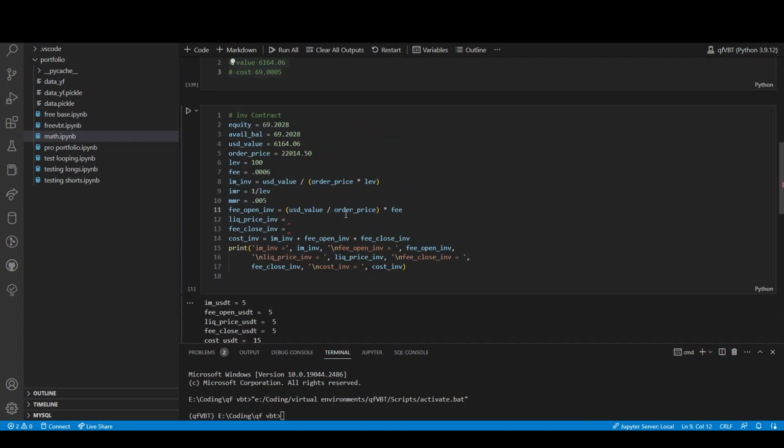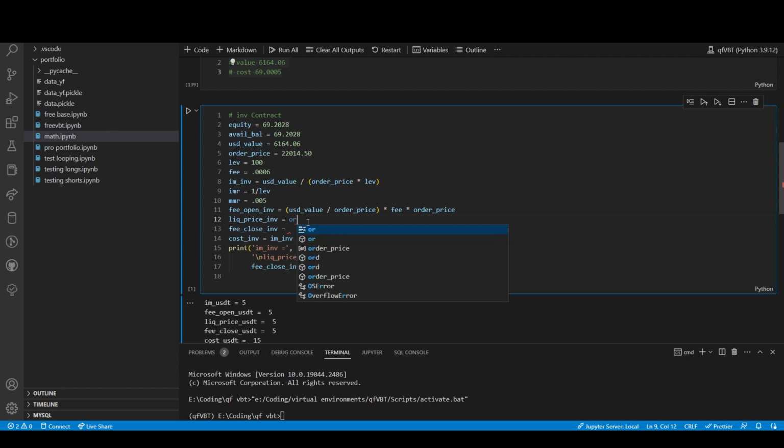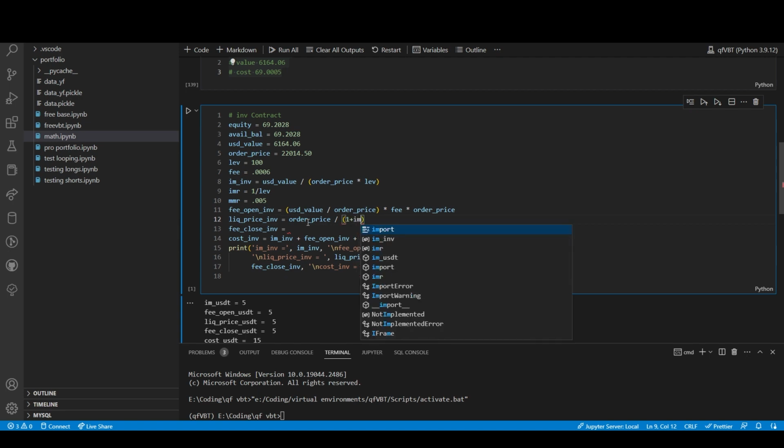Okay. So here, times the fee, then we have to times order price. Then the liquidation price for inverse contracts is the order price divided by 1 plus IMR minus MMR.